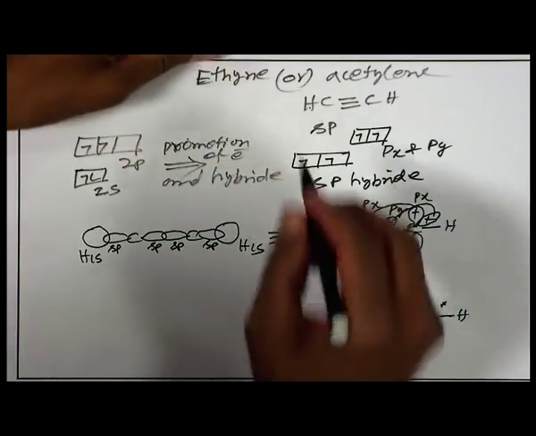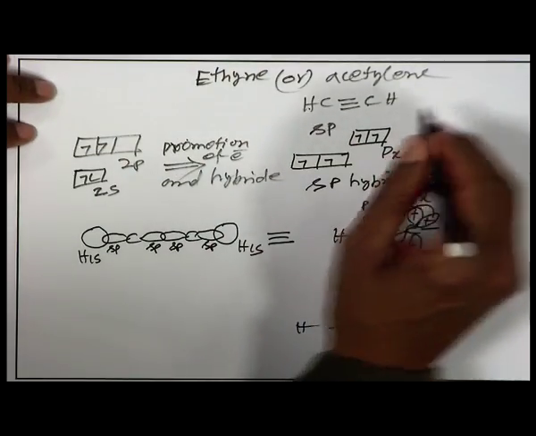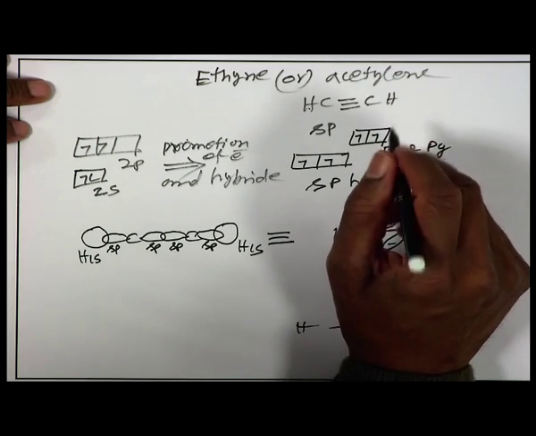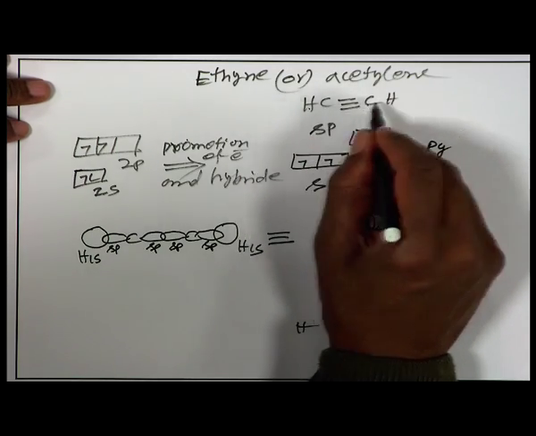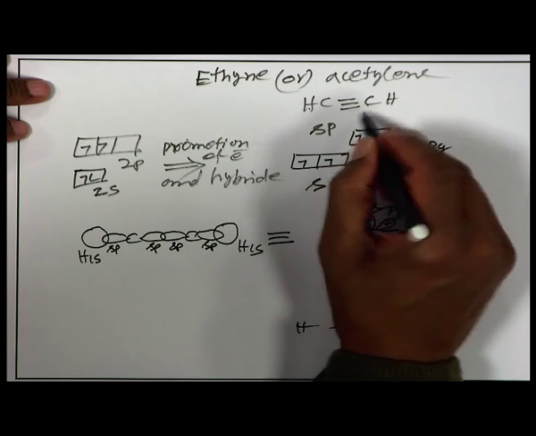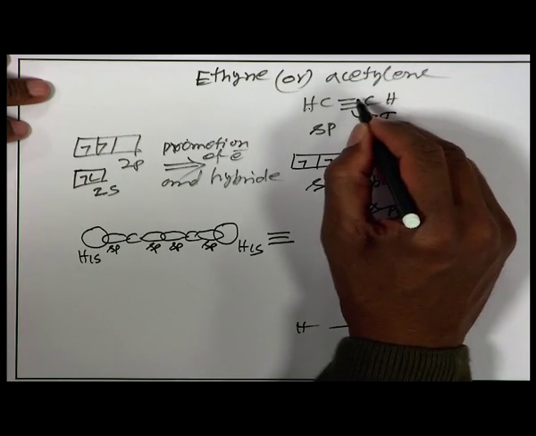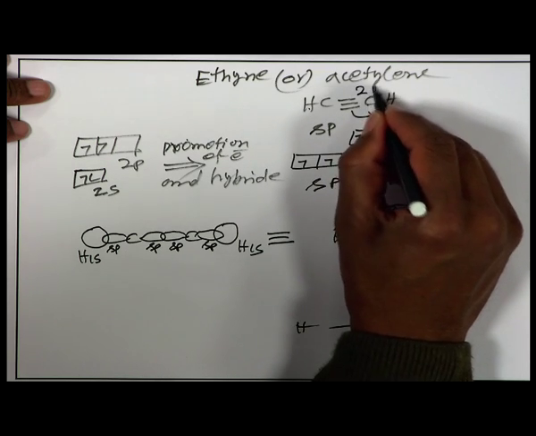So ethyne or acetylene contains two types of bonds between the two carbon atoms: one sigma bond and two pi bonds.